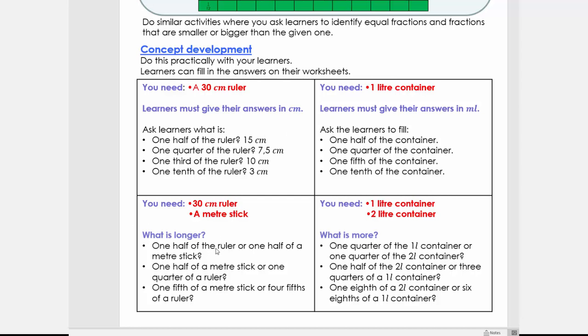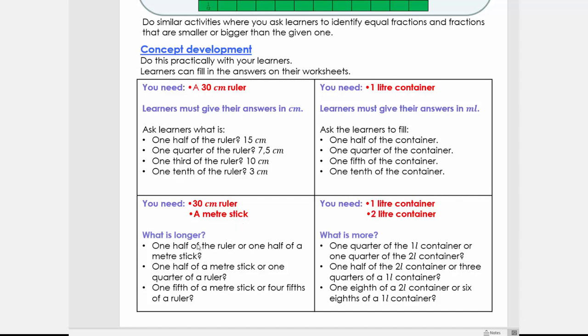Welcome back. What I want you to do now is do this activity first. So you need your 30 centimeter ruler and a meter stick. If you don't have a meter stick, take strips of paper, stick them together, paste them together, staple them together. Take your 30 centimeter ruler, measure it out until you get a piece of paper that is 1 meter long.